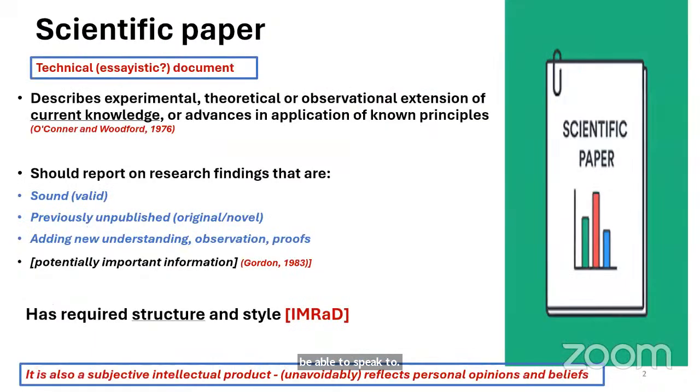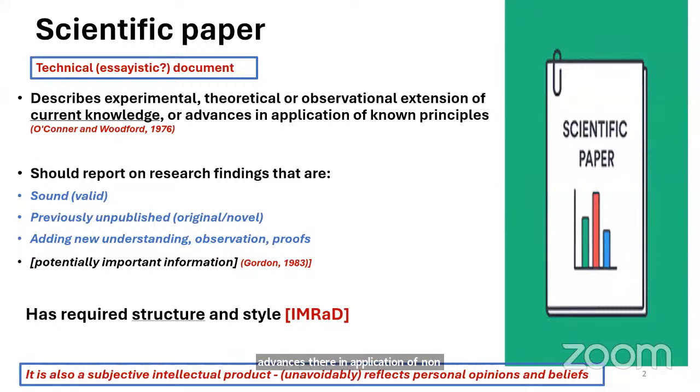So before the first slide on an abstract, as we said, we're talking of an abstract of a scientific paper. So one slide on a scientific paper, there's a description by O'Connor and Woodward that says, this is a paper that describes experimental, theoretical, observational extensions of current knowledge or advances thereof in application of known principles.